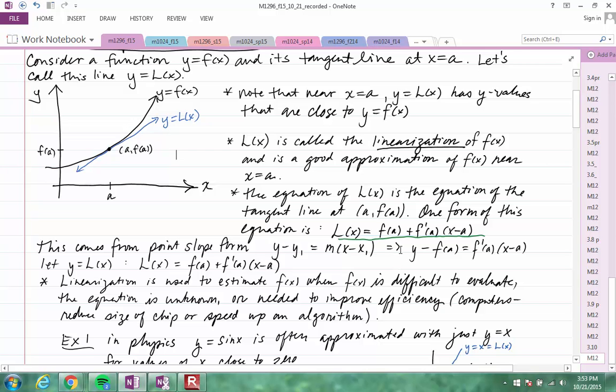Your book has this linearization equation, which I don't care if you use at all, but I do want to at least speak to it a little bit because that's what's in your book. It says L of x is equal to f of a plus f prime of a times the quantity x minus a.